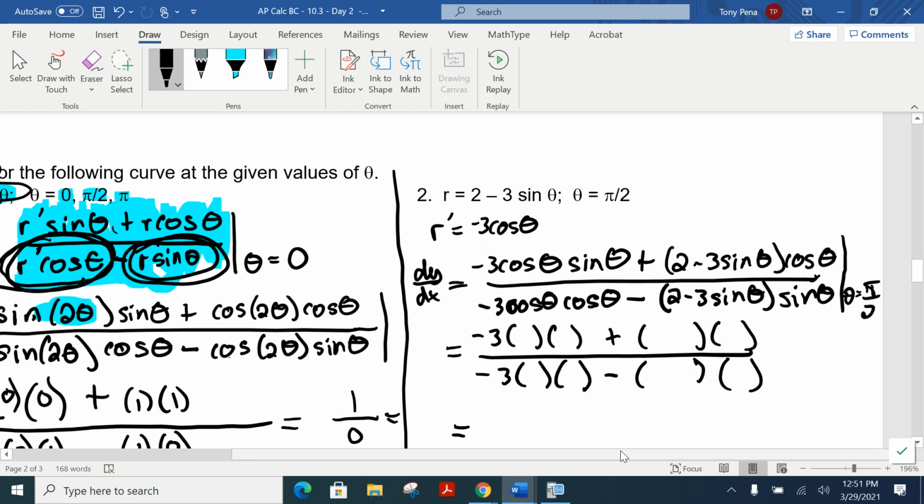You should actually get a numerical value out of this if you do it correctly.